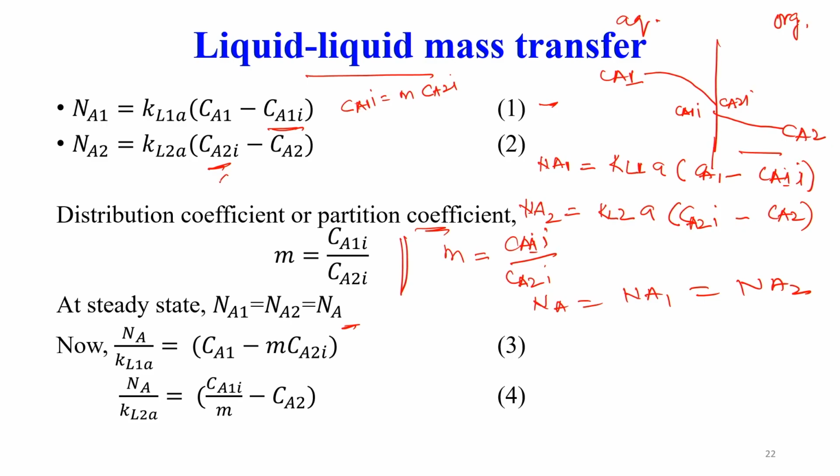So, this will be Ca1i upon M. So, you just see this is the same, equation 1 becomes equation 3 and equation 2 becomes equation 4. Now, what we can do, we can combine either equation 2 and 3. So, it will cover from Ca1 to Ca2, or we can combine the equation 1 and 4, it will combine from Ca1 to Ca2. So, first let us combine equation 2 and 3.